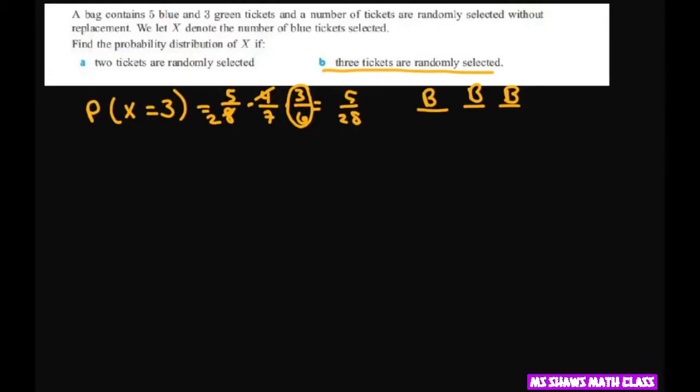Now the probability that we have 2 blues: that's going to be 5 divided by 8 times 4 divided by 7. The next one's going to be out of 6, but we need this one to be green, so green would be 3 out of 6.